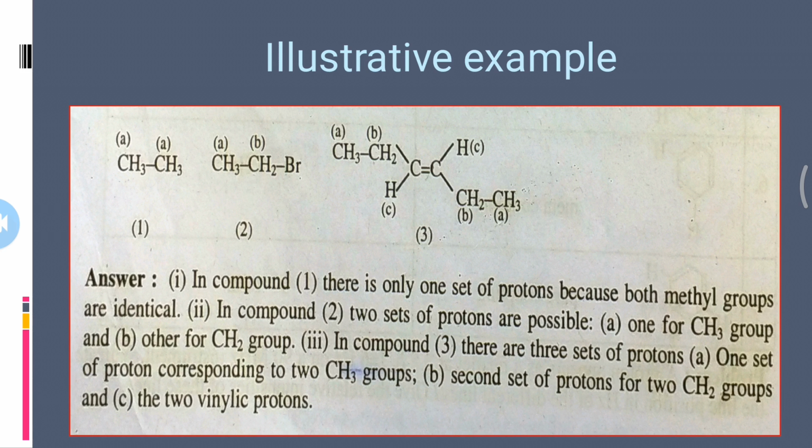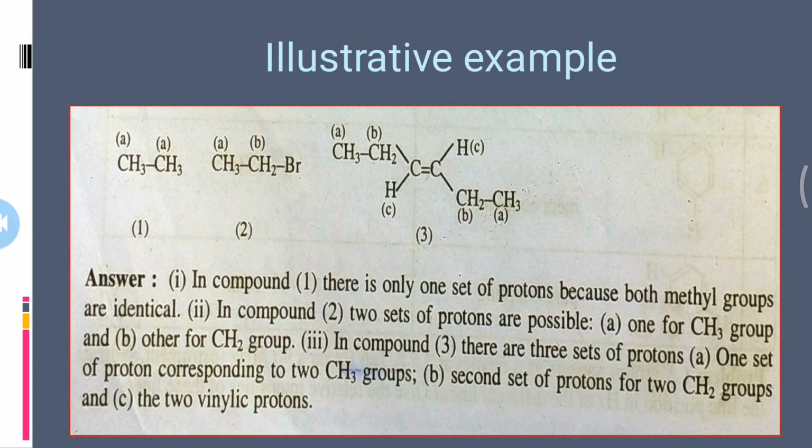Third example, an alkene. In this compound, there are three types of protons: A, B, and C. So three signals, or three sets of protons, are present in the third compound.